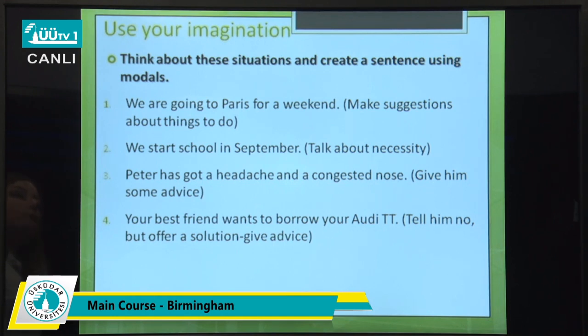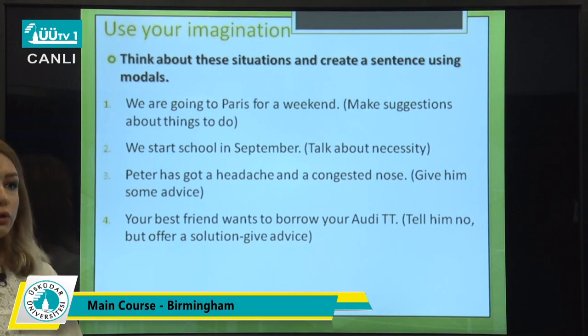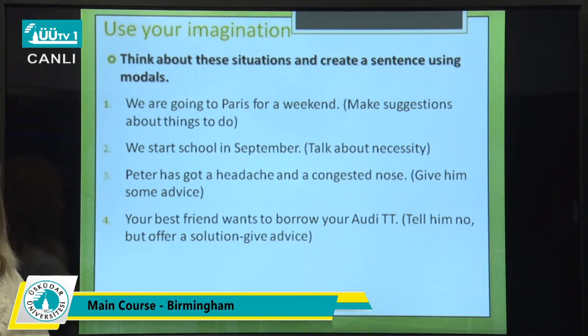Okay, you can use your imagination, think about these situations, and create a sentence using modals. We are going to Paris for a weekend. Make suggestions about the things to do. For example, you are going to Paris for a weekend.